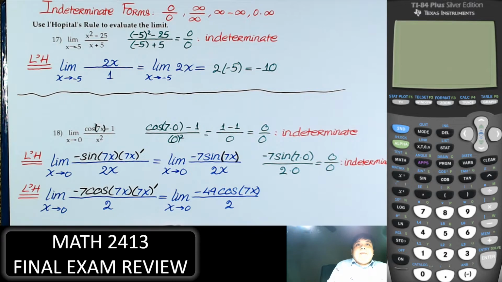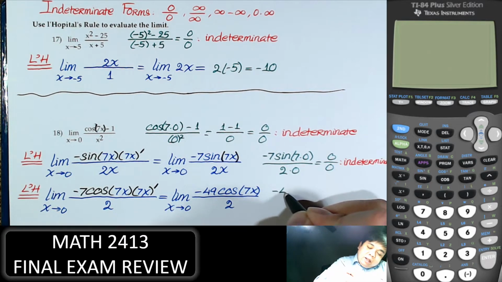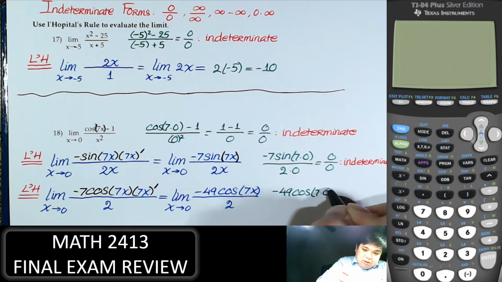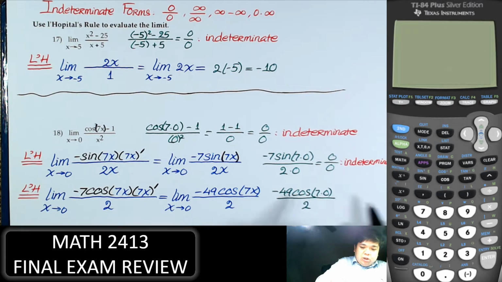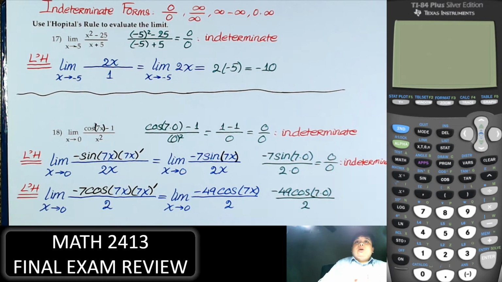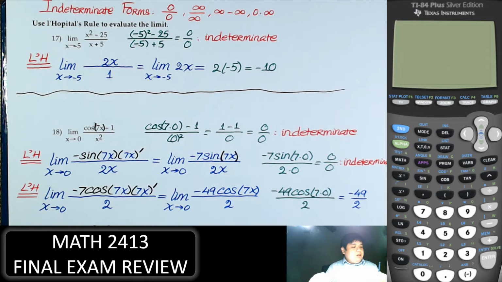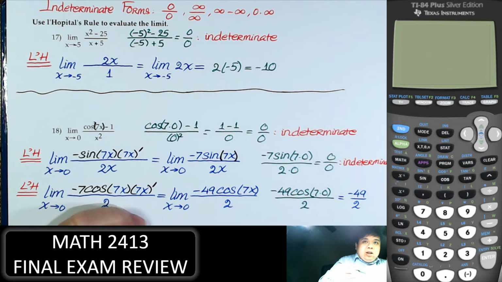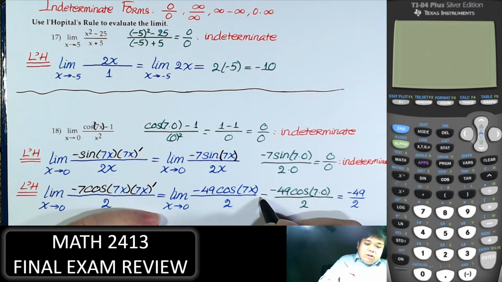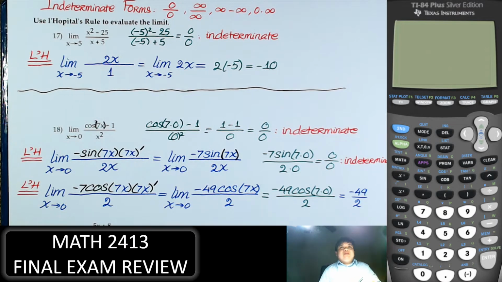I put in 0: negative 49 cosine of 7 times 0 over 2. Cosine of 0 is 1, so we have negative 49 over 2. Now that is a defined number, so we make the limit equal to it. So that's what we have for the limit.